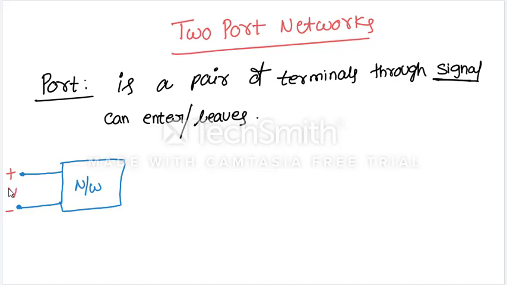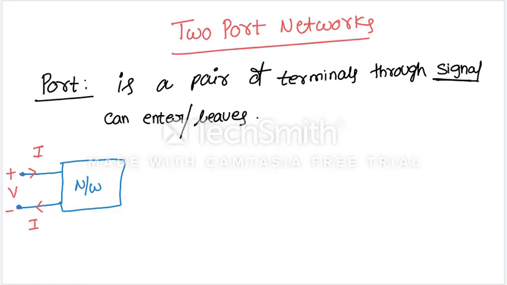I can say this is voltage V, and here this current I is entering into the network. The current will go in the entire network and will return back. Whatever current is leaving from the positive terminal, the same current will return to the negative terminal.